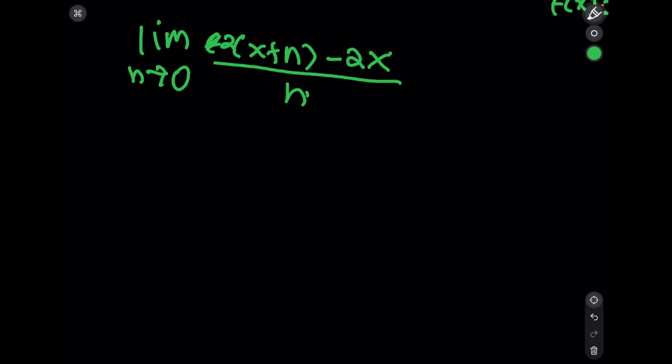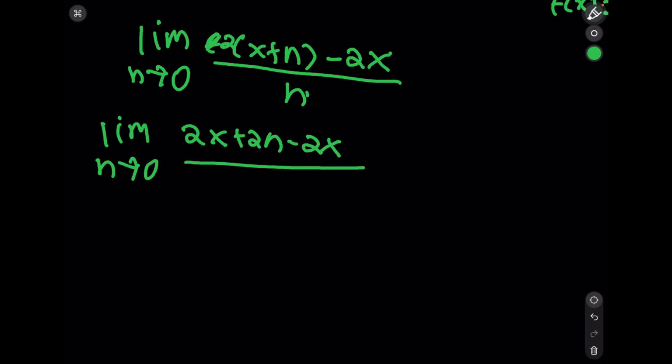From here, we can see some properties already, like distributing, so we will do that immediately. We distribute the 2 to get 2x plus 2h minus 2x over h. Just like any simple equation, we try to simplify and reduce as much as we can.